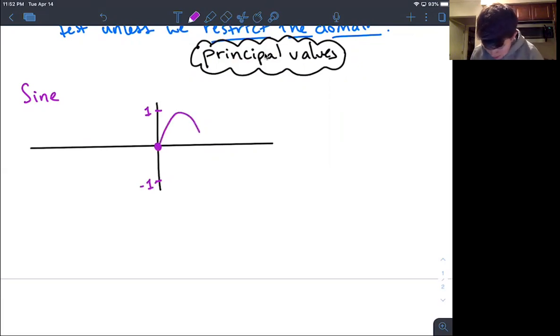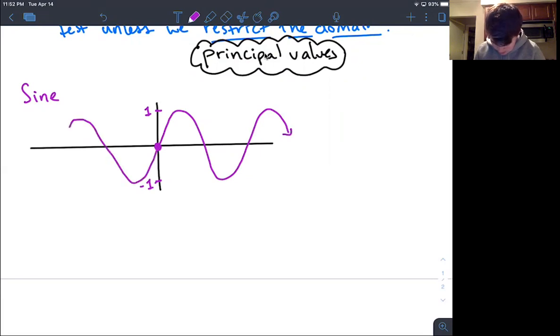And then it's going to go like that way. It's a rough sketch, y'all. Okay, let's just stop while we're ahead. Okay, so this is our sine graph.